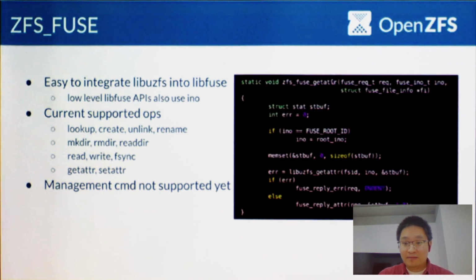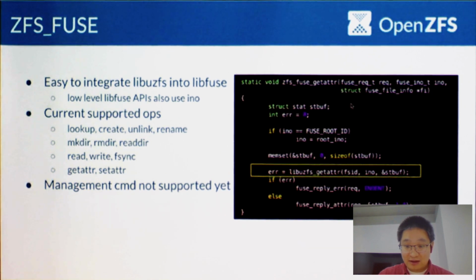Here is an example: this is the Fuse callback to do the get attribute operation. We can see that we just need to call the libuzfs get attribute API to do almost all the work there.